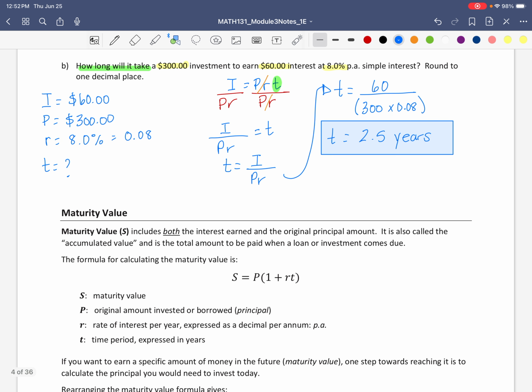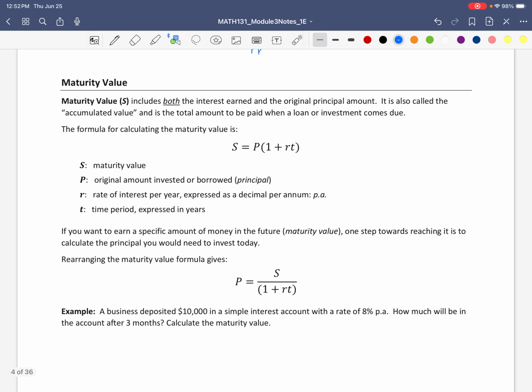Now what we're going to move on to is what we refer to as maturity value. So maturity value, which we use the variable S, includes both the interest earned as well as the original principal amount. It's also called the accumulated value and is the total amount to be paid when a loan or an investment comes due.